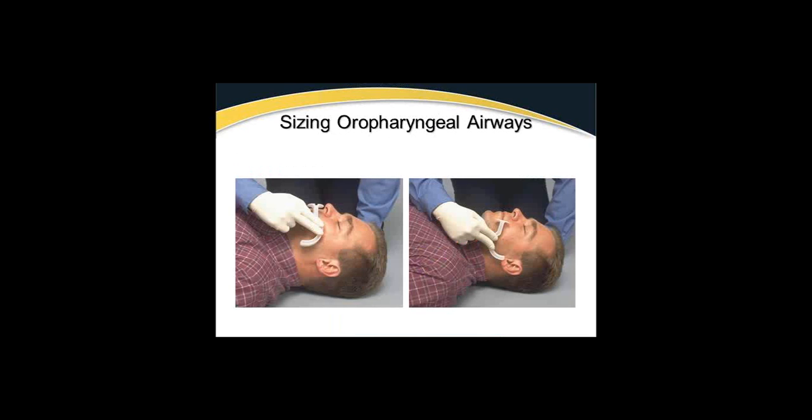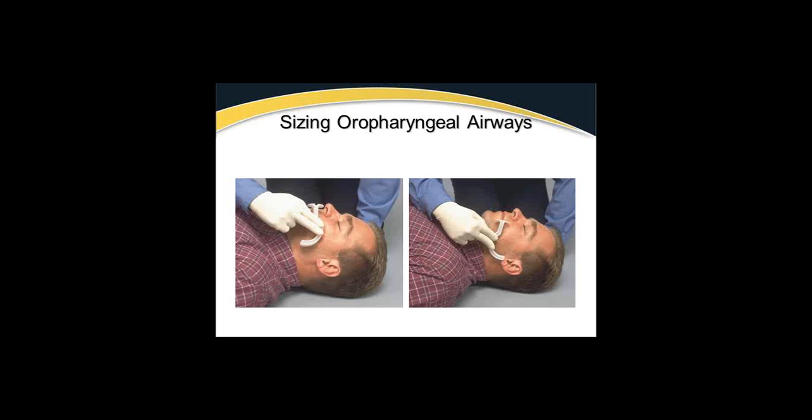When we size an oral airway, we look at it and say, okay, what is probably going to be the correct size to start with? We just eyeball it, and then we'll grab the airway that we think is going to be close. We'll hold it up close to the patient's cheek, and we want one end of the airway at the corner of their mouth, the other end at the earlobe.